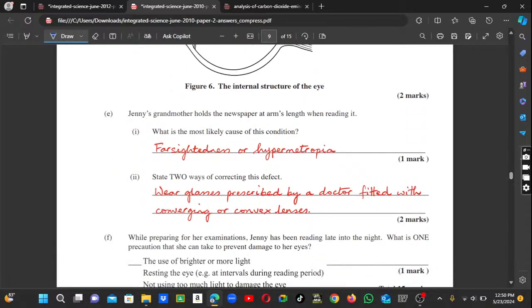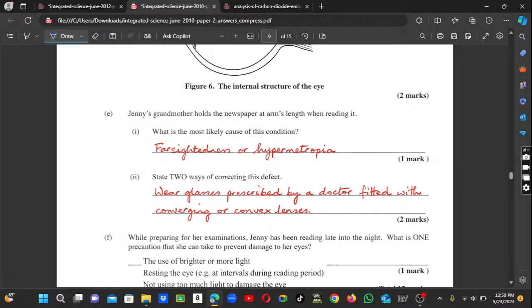We need to state two ways of correcting this defect. How can we correct Jenny's grandmother's sight? She could wear glasses prescribed by a doctor, or be fitted with contact lenses, based on her prescription.